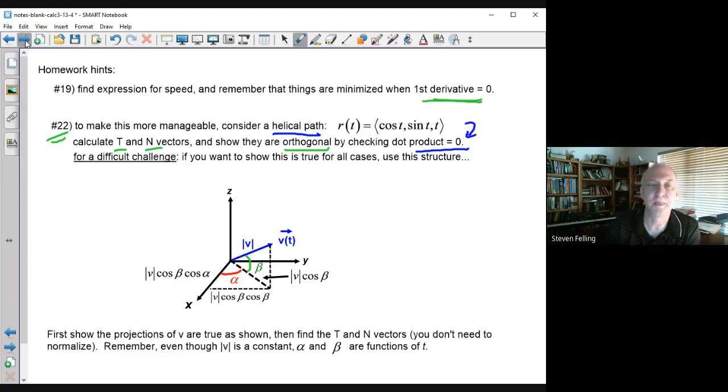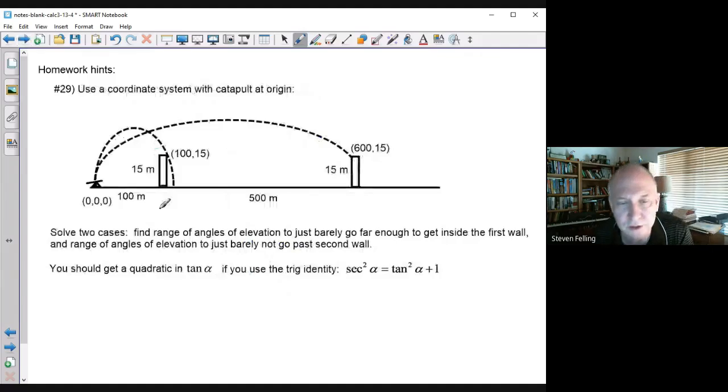So that'd be fine. And then for number 29, you're trying to breach or lob a cannonball into a fortress that has 500 meters between walls, because that's the length of some of the sides, right? We're 100 meters away from one edge of the fortress, and then the walls are 15 meters high. So you're really trying to find the two angles of elevation that would allow you to lob this in.